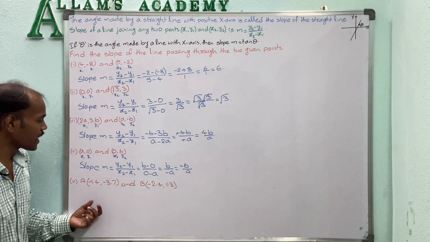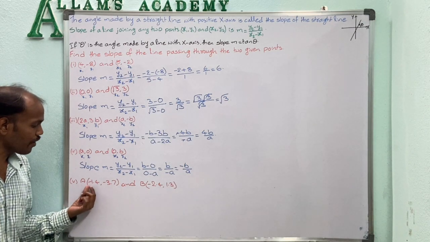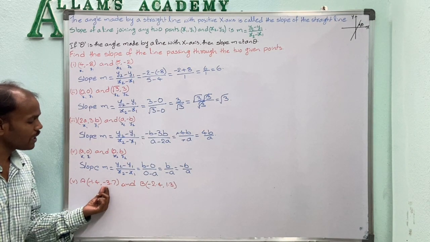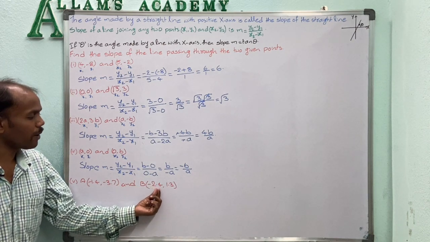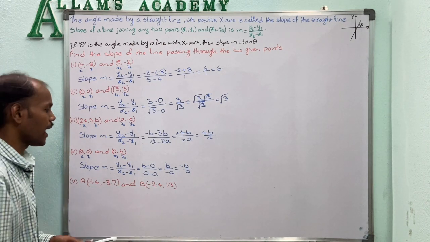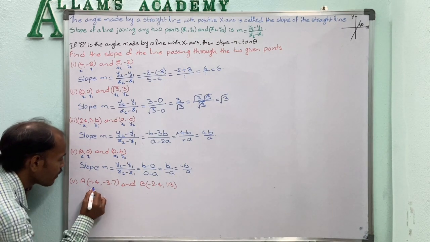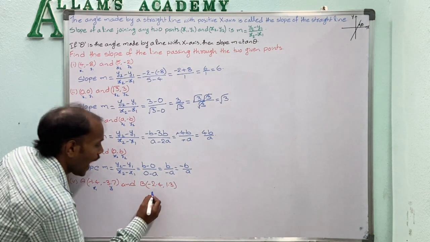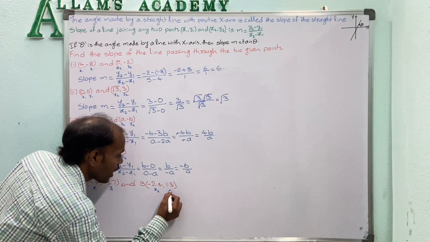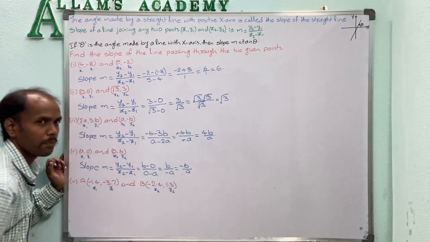Now finding the slope of the points A (-1.4, -3.7) and B (-2.4, 1.3). So here the x1, y1 coordinates are (-1.4, -3.7) and the x2, y2 coordinates are (-2.4, 1.3).